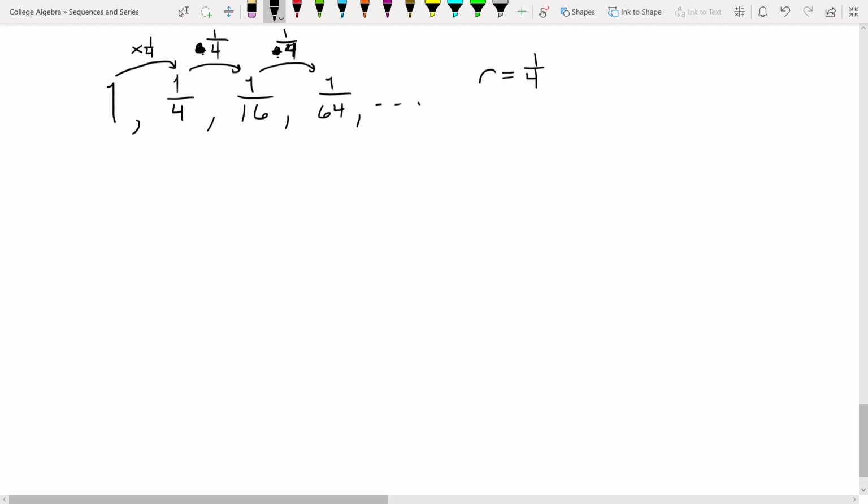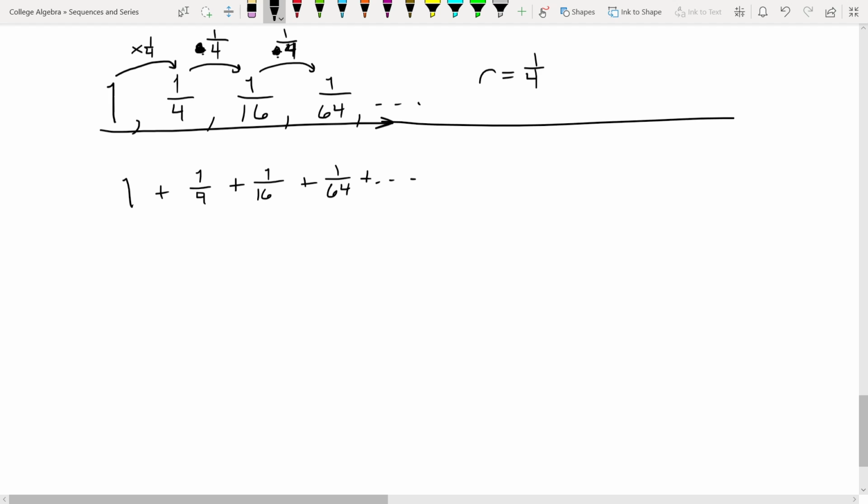Now, where does this go if we were to add up all of these terms? Well, where do the actual terms go? Like, we go from 1 to 1/4 to 1/16 to 1/64. Eventually, if it goes on off to infinity, it'll go to 0. And so this sum gets smaller and smaller. We're adding smaller and smaller pieces to it.